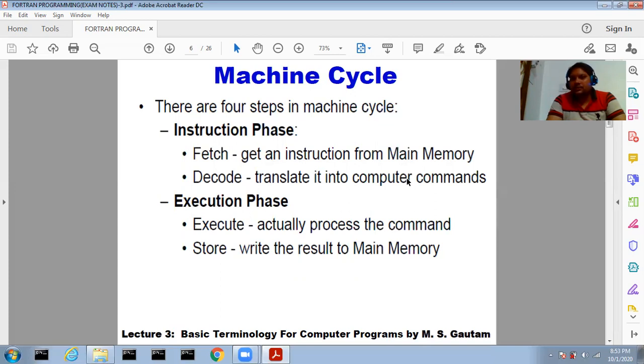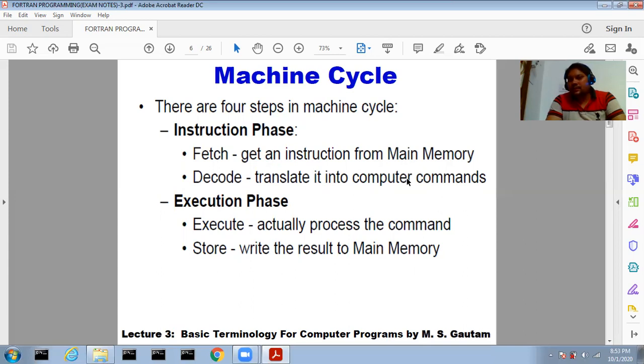Execution phase means the computer executes a particular process or work. In the instruction phase, the steps are fetch and decode. The first step, fetch, means the computer gets the instruction from its main memory, or from the input section.